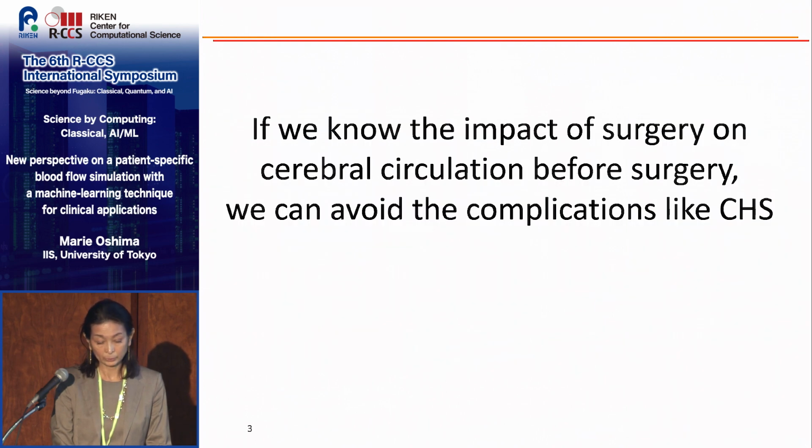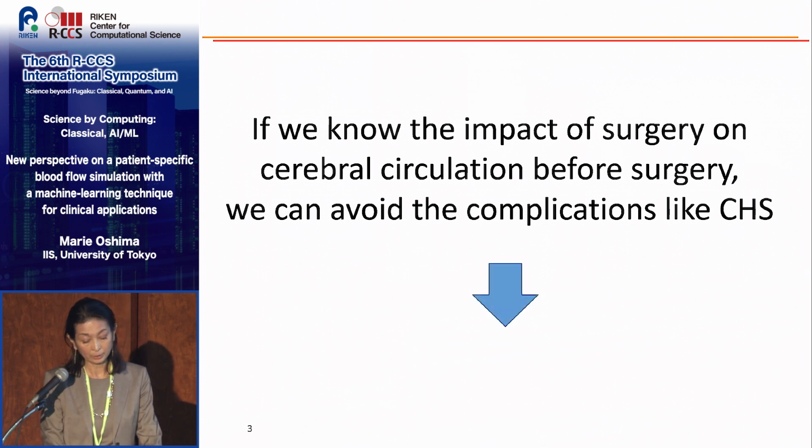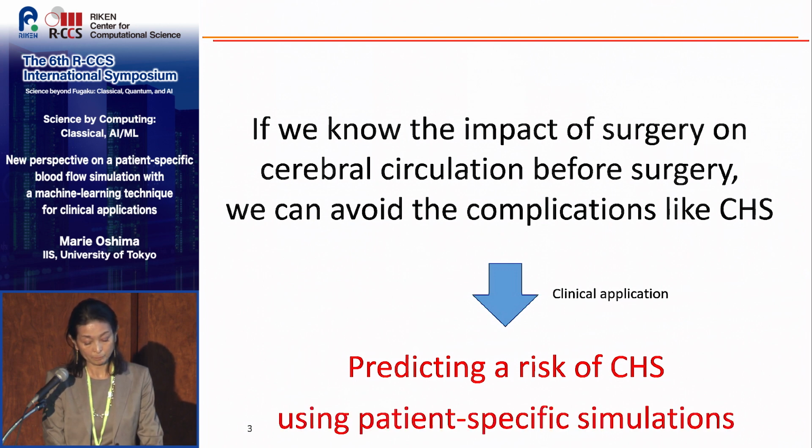So if we know the impact of surgery on cerebral circulation before surgery, we can avoid complications like CHS. There will be another way for surgery. So how can we find out? That's why we'd like to predict the risk of CHS by using patient-specific simulations.